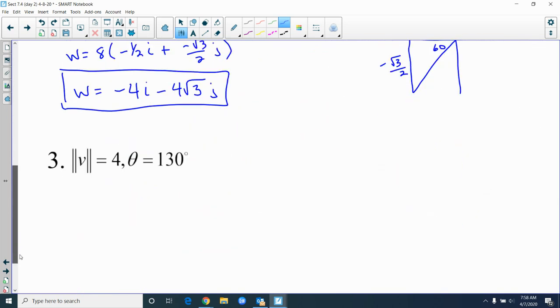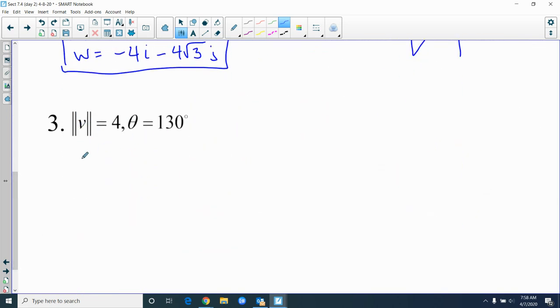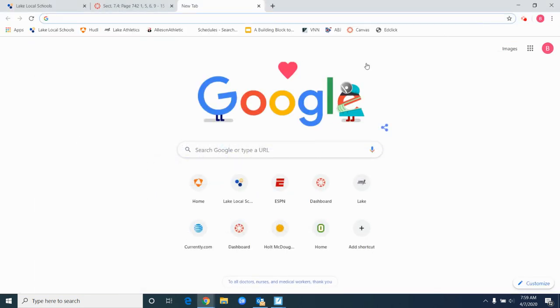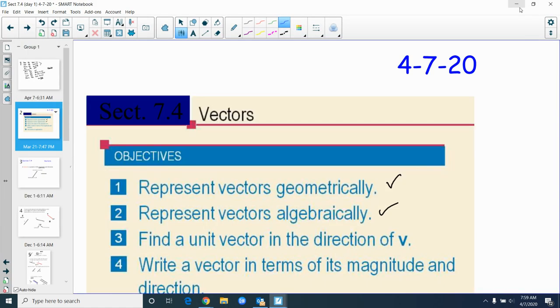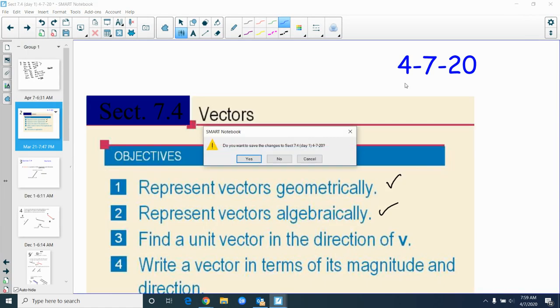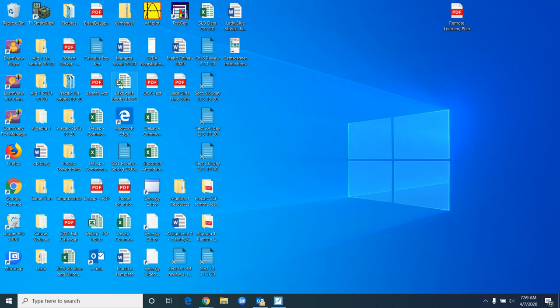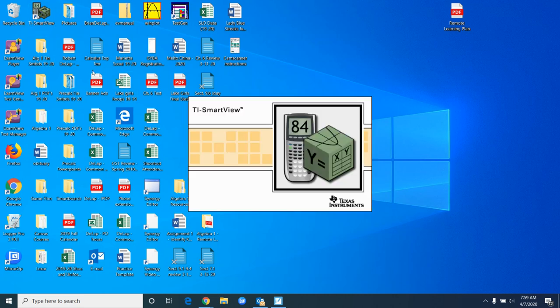We still do it exactly the same as before. This is vector v as well. So vector v has a magnitude of 4, 4 cosine 130 degrees i plus sine 130 degrees j. And let me get my calculator out.